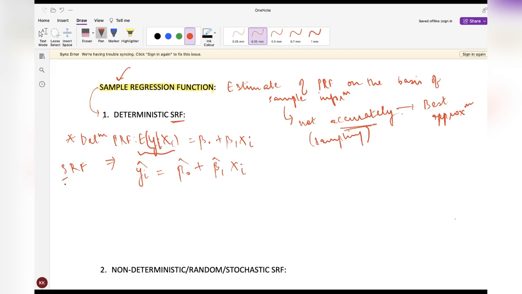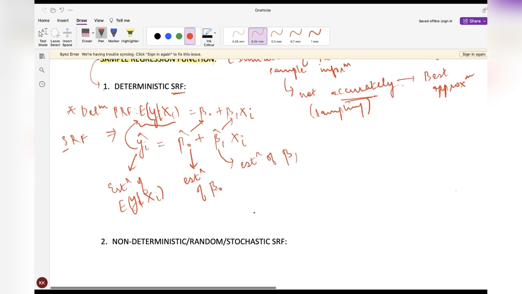Because we are taking a sample, and in the sample we are estimating our population parameters, right? So here yi hat is my estimator of expected value of y given xi. Beta naught hat is my estimator of population parameter beta naught, and beta 1 hat is my estimator of population parameter beta 1, right?